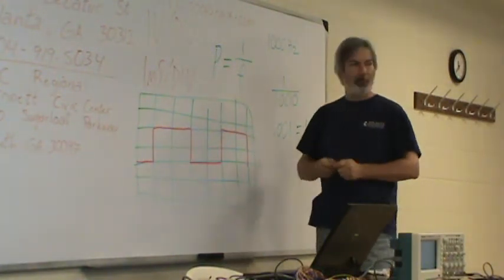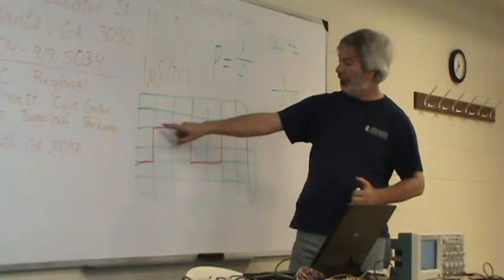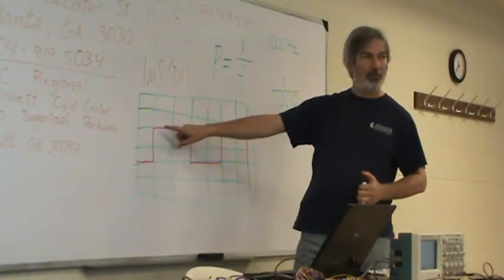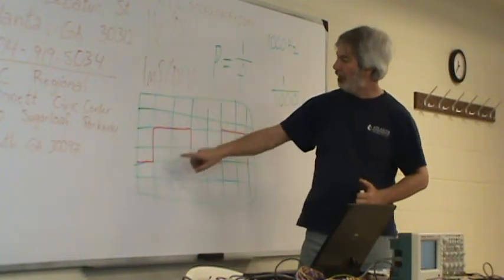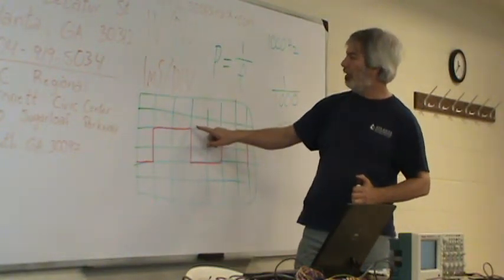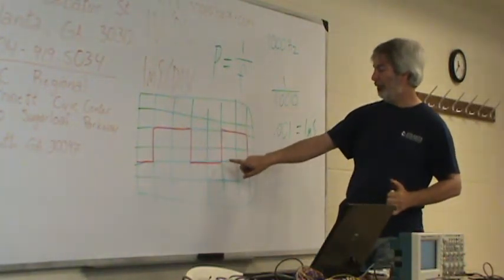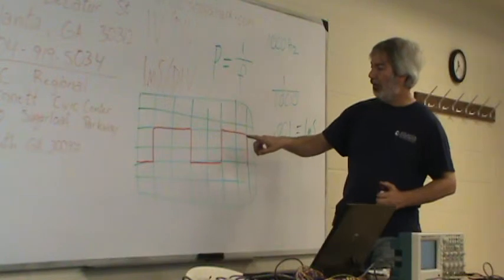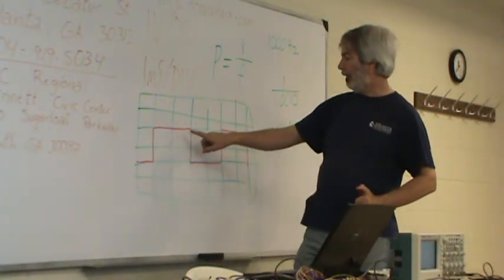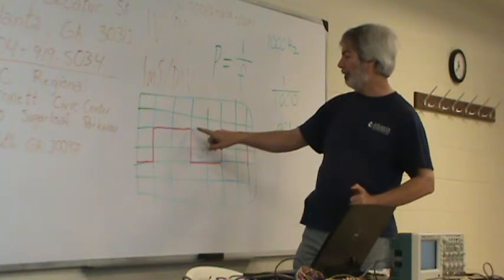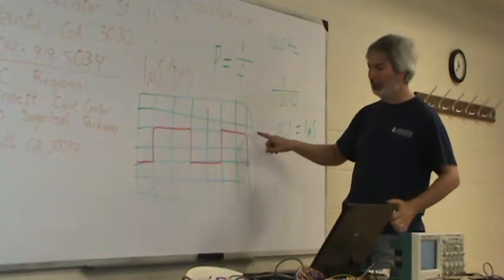So now all the information we can get from this is we can tell that we have a 2 volt signal because we're going up 2 divisions. We're high for 2 divisions, low for 2 divisions. So now we know we've got a signal that's high for 2 milliseconds, low for 2 milliseconds, high for 2 milliseconds.